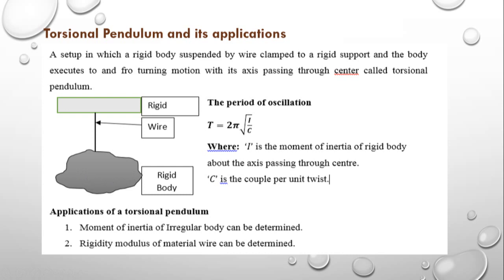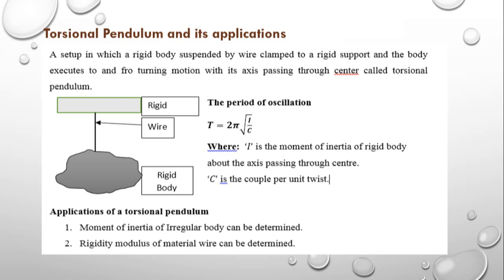So the torsional pendulum is an arrangement of a rigid body by a wire with a certain rigid support, which executes to and fro oscillation by the torque, and whose oscillation is always about an axis which passes through the center.